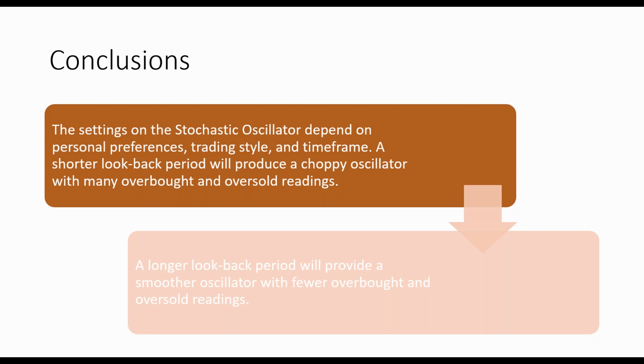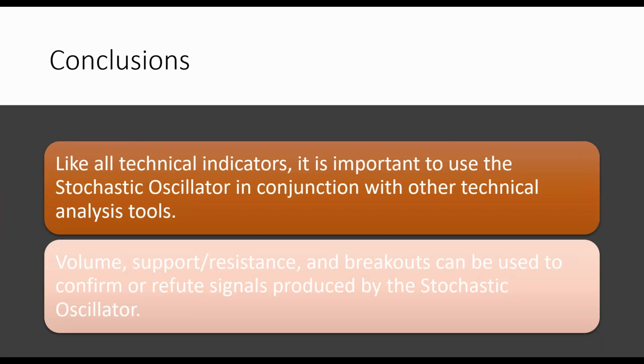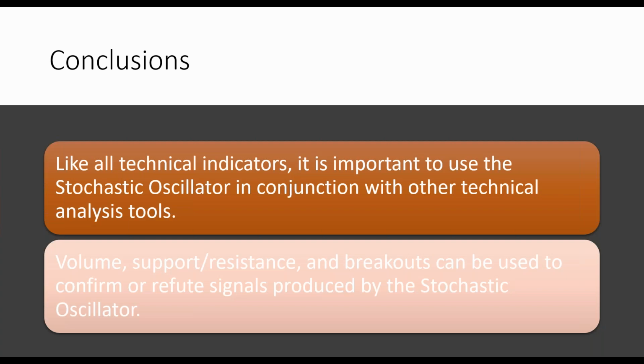A longer look-back period will provide a smoother oscillator with fewer overbought and oversold readings. So you might want to move it to 16 or 18 to give you fewer overbought and oversold bounces. Like all technical indicators, it's important to use stochastics in conjunction with other technical tools. Volume, support and resistance, and breakouts can be used to confirm or refute signals produced by stochastics.